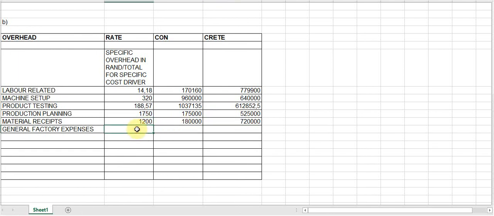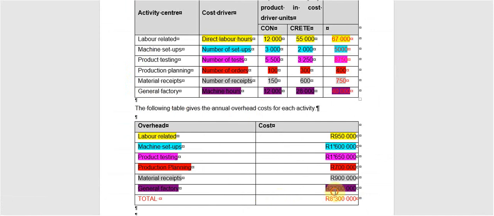We are on the last one, which is the general factory expenses. The general factory expenses was 2.5 million, and it was driven by the machine hours, which is 12,000 and 28,000 respectively, which added up to 40,000 in total.